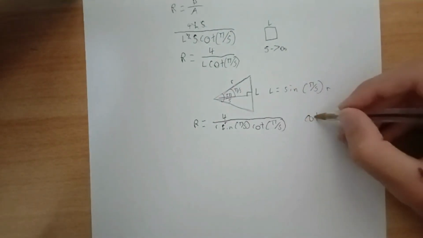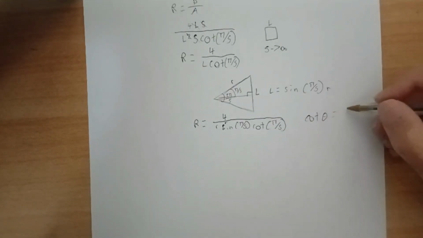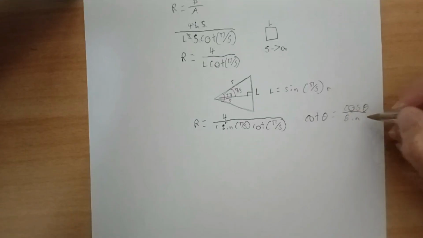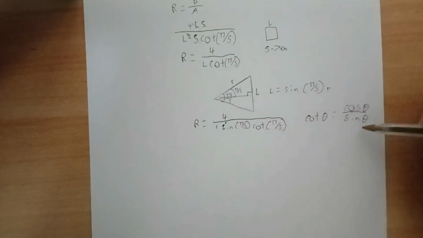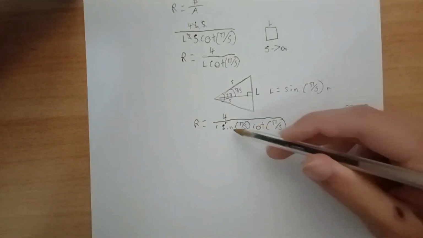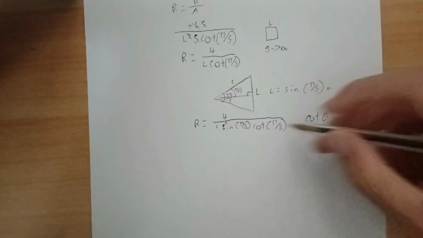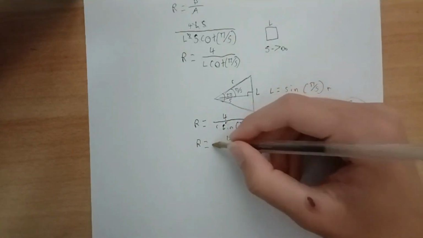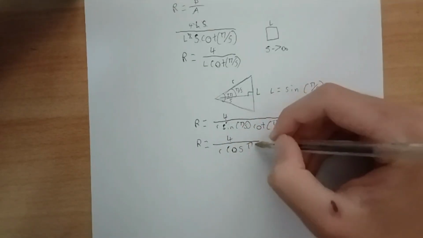Cot of theta is equal to cosine of theta over sine of theta. So this sine and this cot cancel out, to just leave us with cosine. So r is equal to 4 over OR cos pi over s.